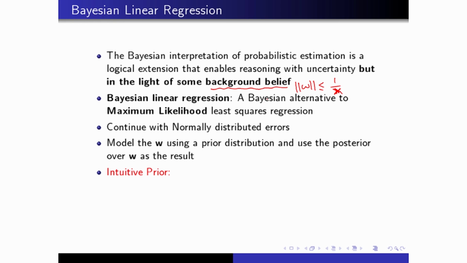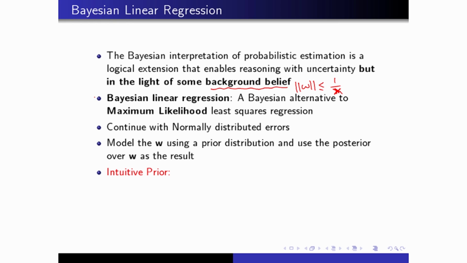So Bayesian linear regression is about modeling a distribution on norm of w, or rather on w, and in the light of this prior belief, interpret the data and find parameters after having seen the data.